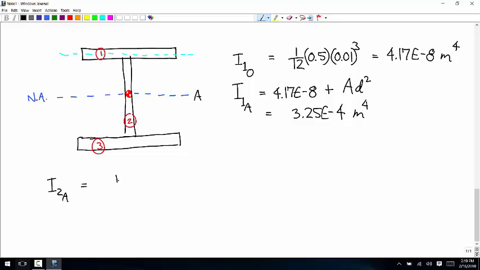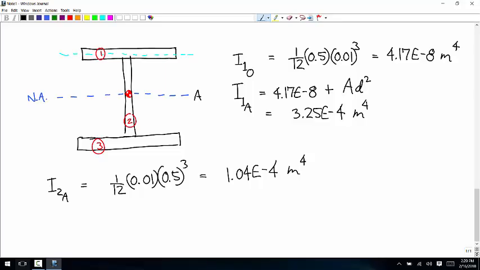Okay, so this is 1/12 times the thickness, 0.01, times the height cubed, that's 0.5. And you get 1.04 times 10 to the minus 4 meters to the fourth.